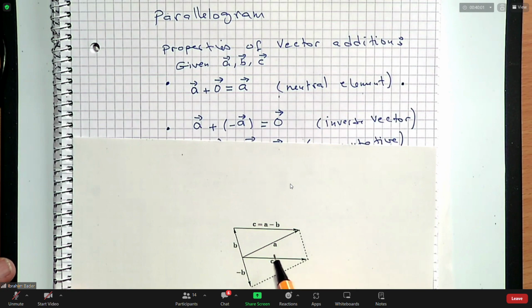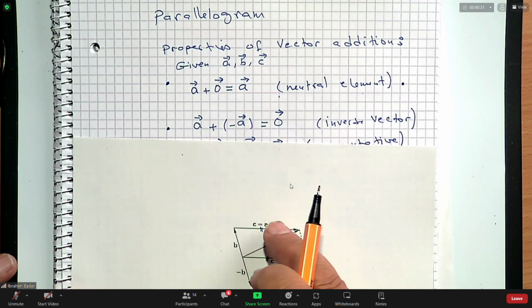So if this is the vector A and this is vector B, okay? So A minus B is actually A plus minus B, which is this vector here. So here is A, this is minus B. If we add them up, you will get C, because this one here and that one are parts of the parallelogram.